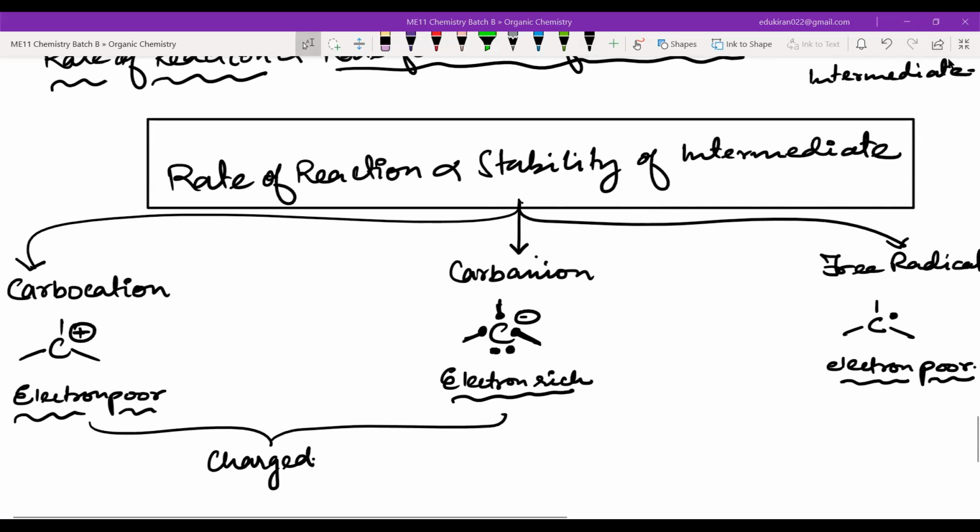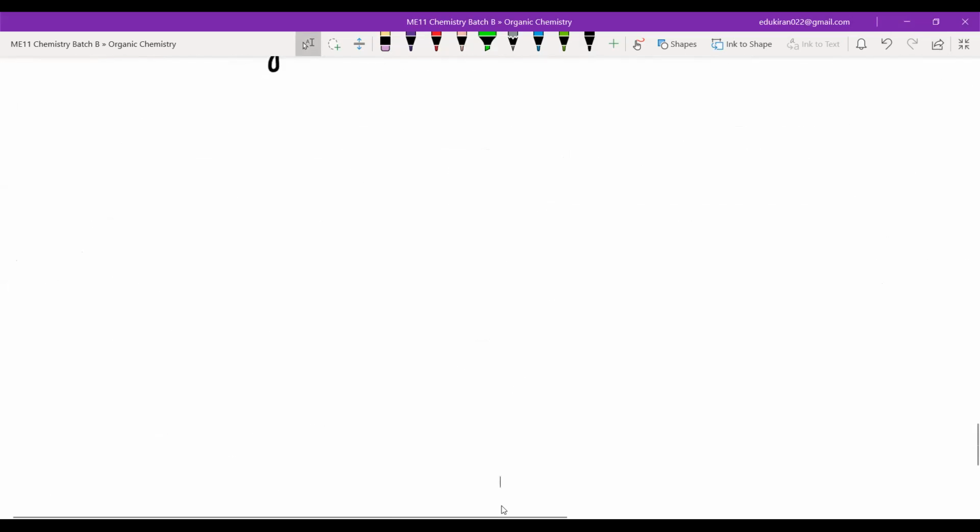Done, sir. Okay. Next, we have seen IUPAC nomenclature, that organic molecules are made up of carbon and hydrogen. There are functional groups, and then there are substituents.